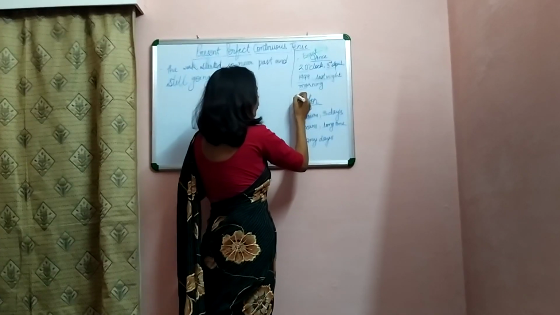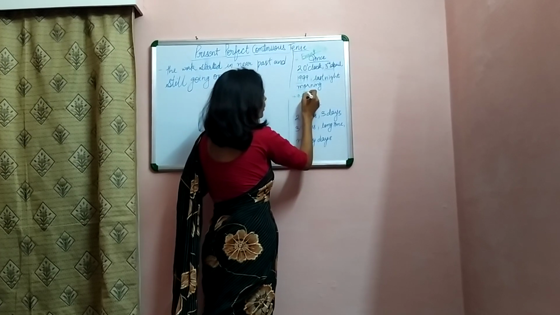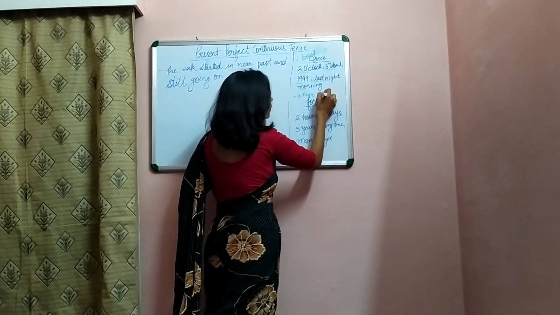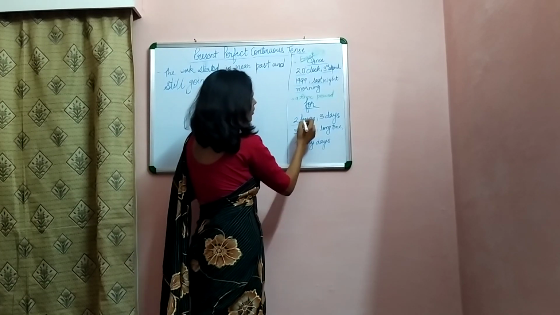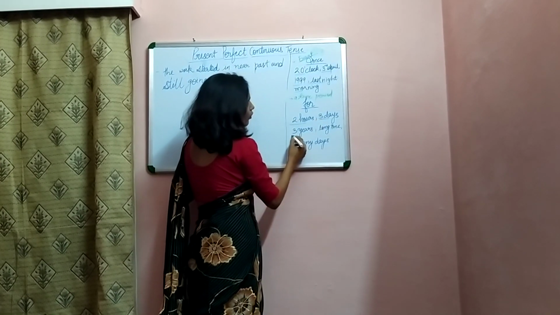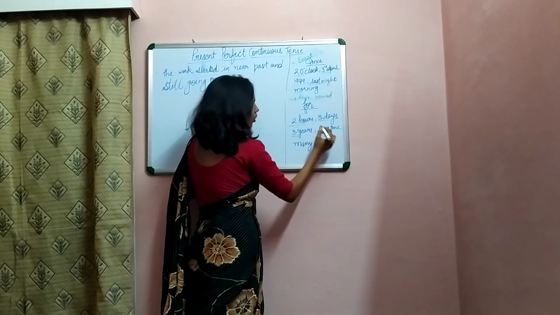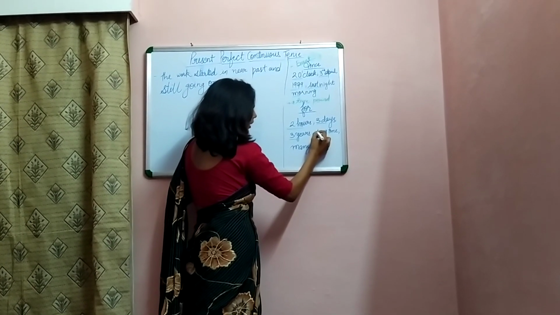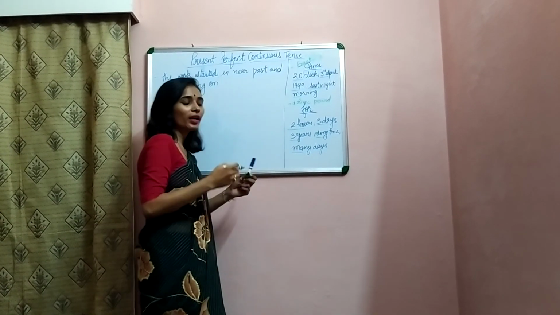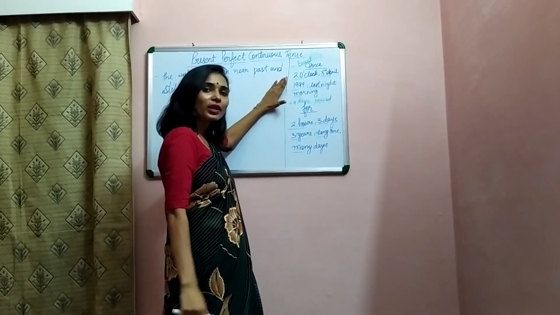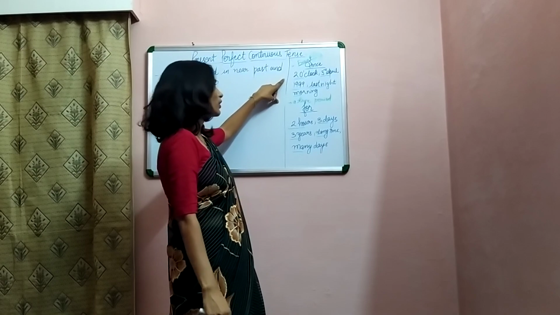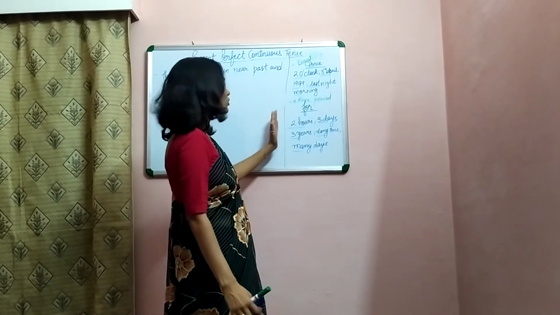And if we want to talk about a time period, we will use the word for. For 2 hours, for 3 days, for 3 years, for a long time, for many days. So when you want to discuss an exact time, you will use since, and if it is about a time period, we will use for.